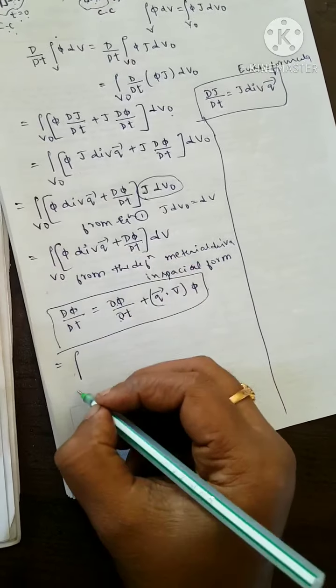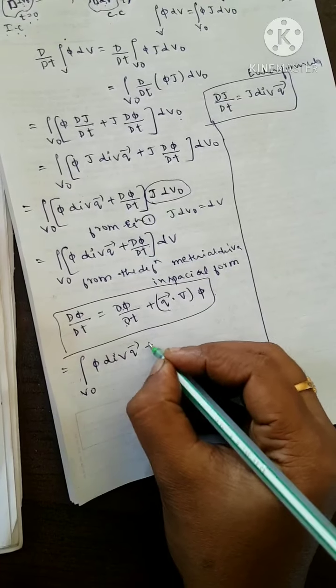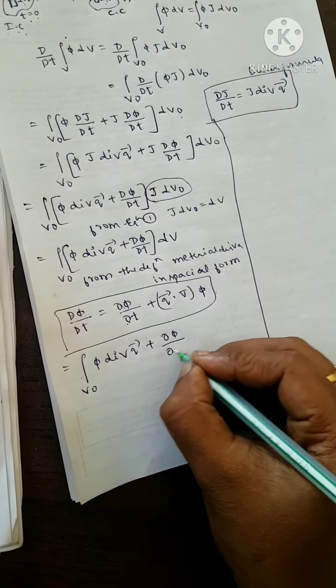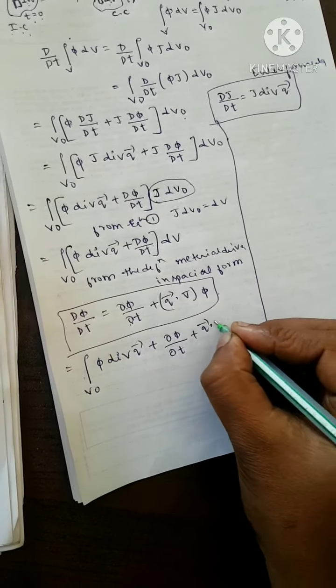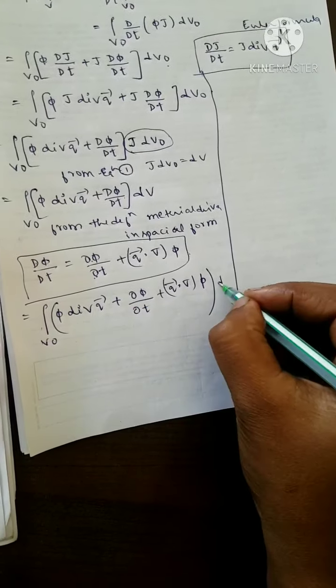From this we can write the expression as pi into divergence of q plus dou pi by dou t plus q dot del pi, into dV.